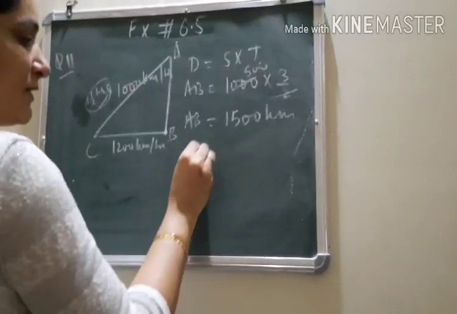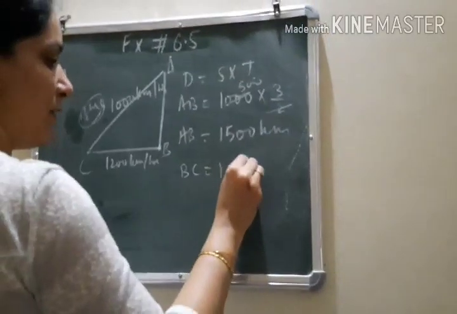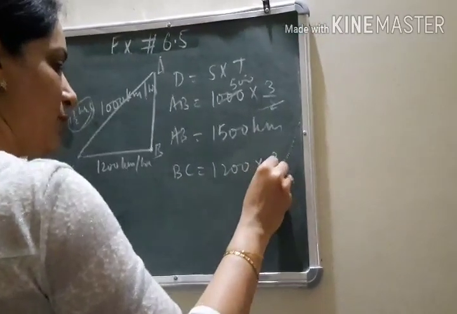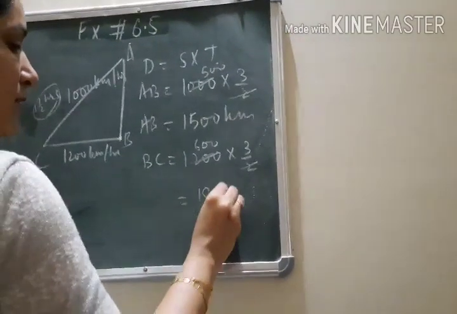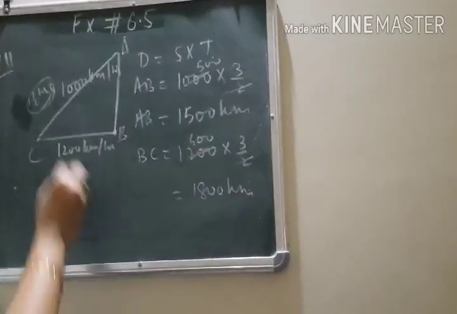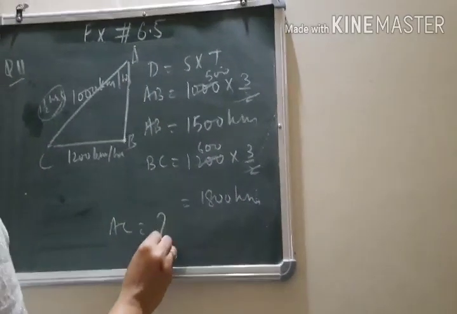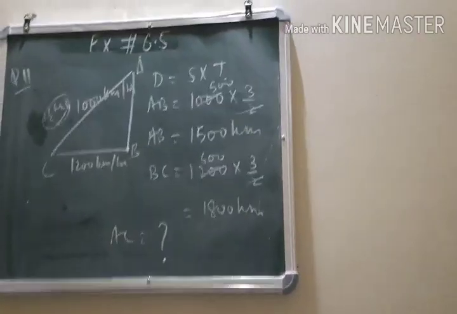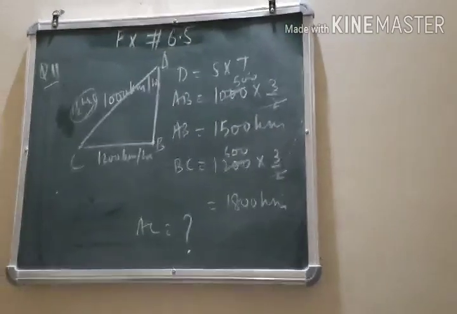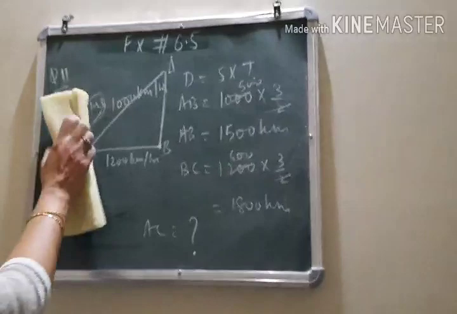Similarly, we'll find BC. For BC, my speed is 1200 and time is the same, 3/2 hours. So it is 1800 kilometers. Now you can easily find AC by applying Pythagoras theorem. So first we have found the distances and then we can easily find the distance between both the aeroplanes, AC.